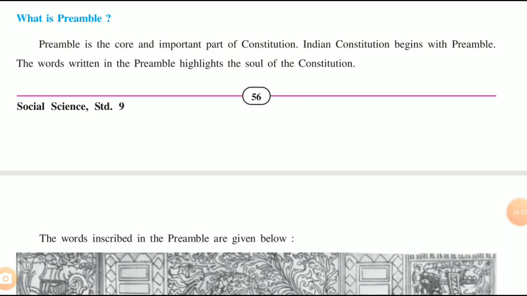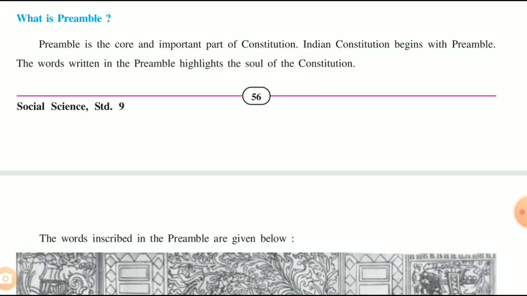The Preamble is a main and core part of our Constitution. The Indian Constitution begins with a preamble. Preamble is like a context. It's like the summary of everything included in a constitution.